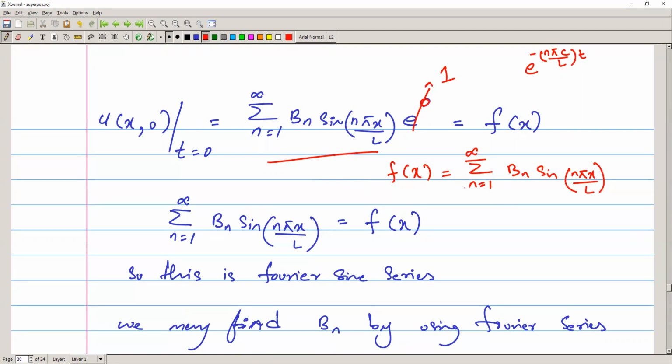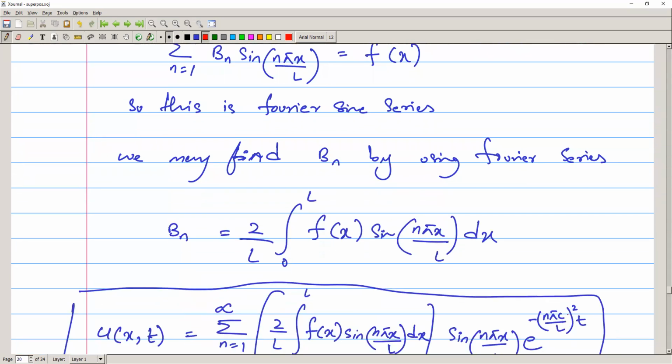So we know how to find the coefficient of this Fourier sine series. We will use the integral of Fourier series. So the coefficient b_n for the Fourier series is equal to 2 over L, integral from 0 to L of f(x) sine n pi x over L. So this is basically a half range Fourier series, right?